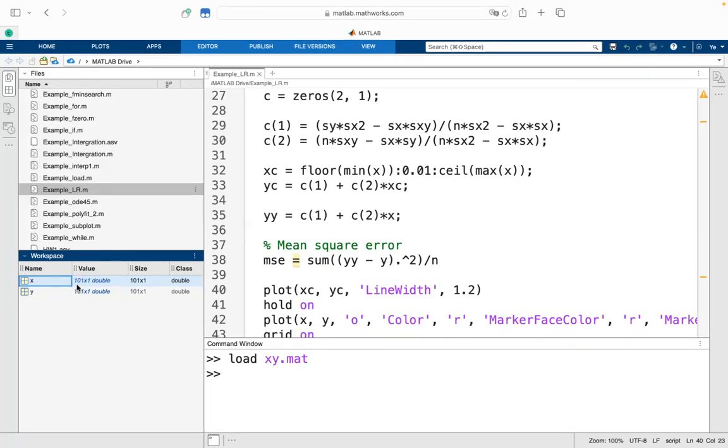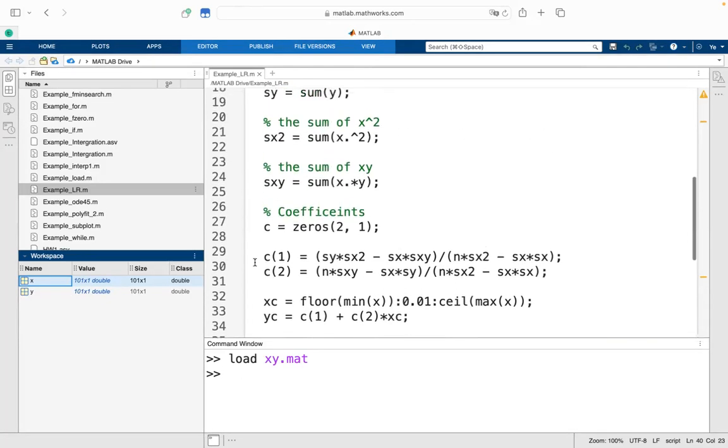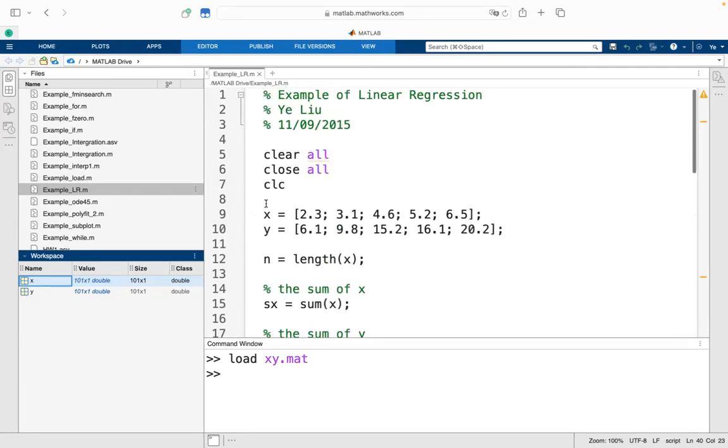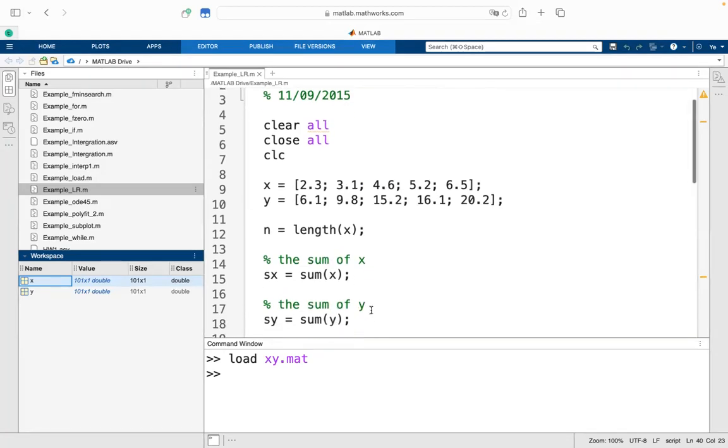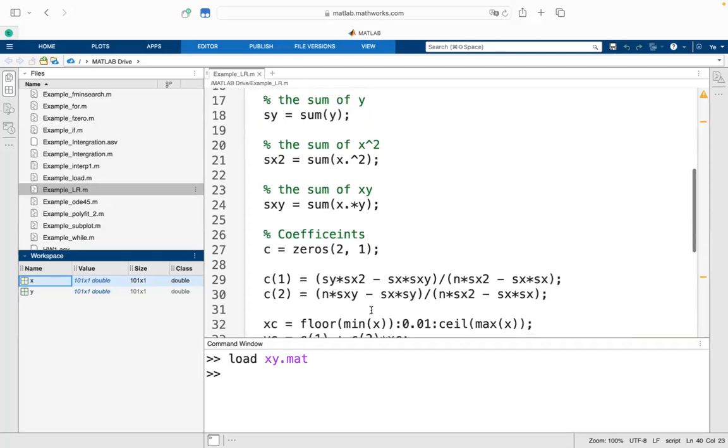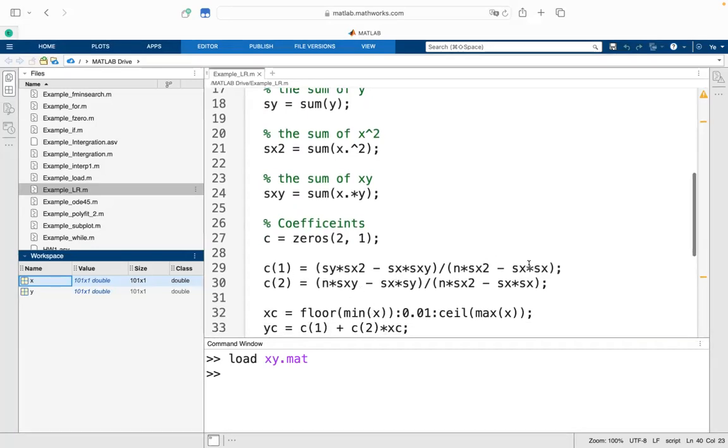So now you have the 101 points. Similarly, for this one, actually you don't need these two lines. You just load the file in here. The others we also don't need to change. We always use this formula with C1, C2. Okay, so this is the first section, section 8.1. We need to finish the example and 2 homework questions.